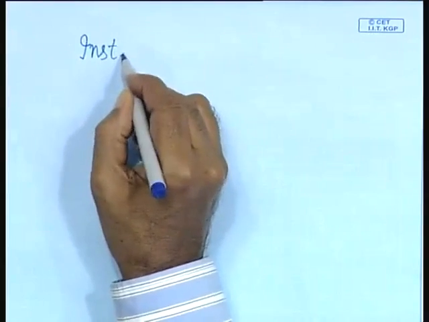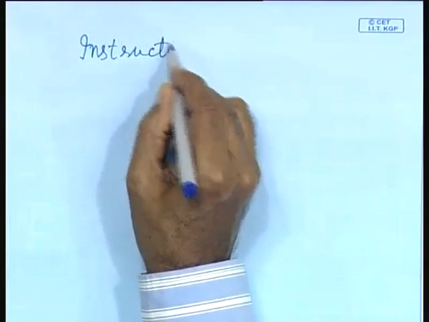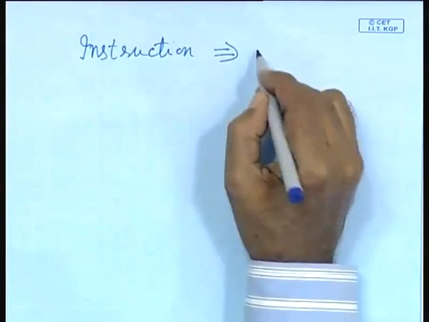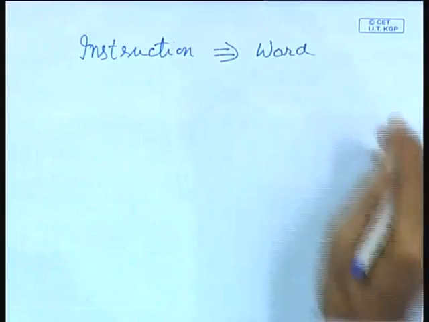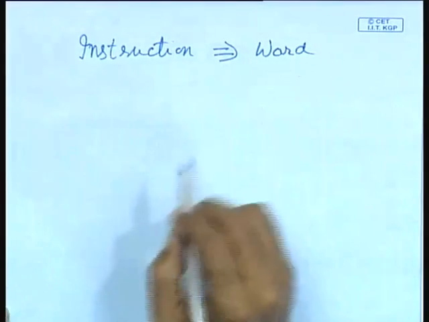The language the processor understands is essentially represented by instruction set architecture. So an instruction can be considered as a word. Instruction is equivalent to a word in conventional language.